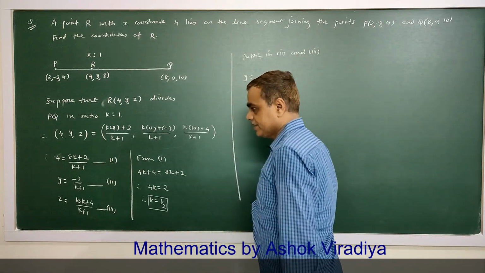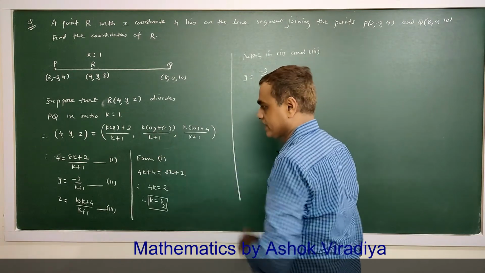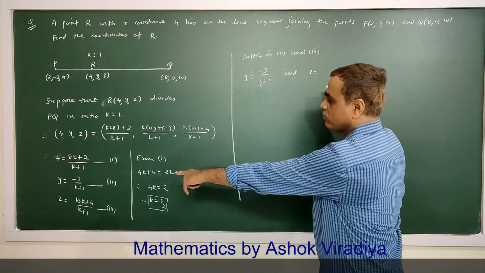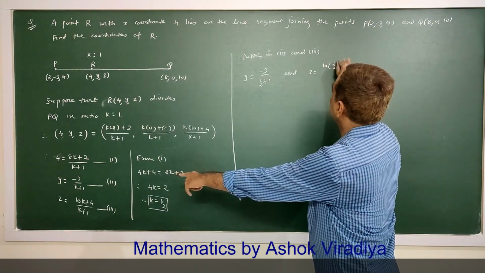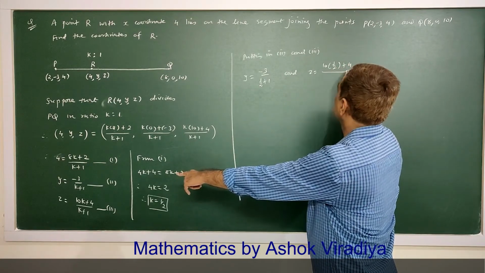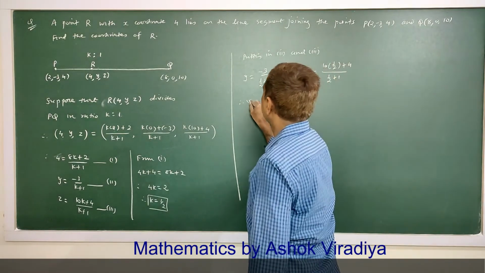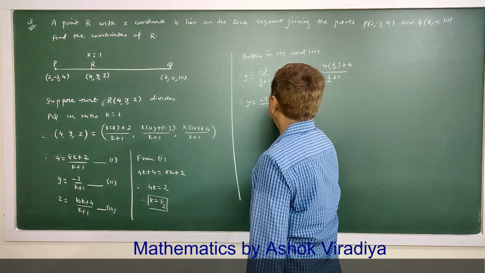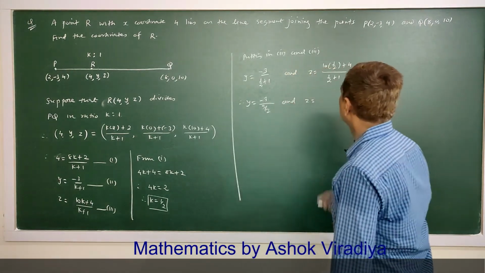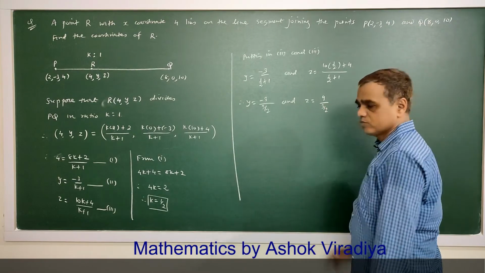Y coordinate is minus 3 upon 1 by 2 plus 1 and z coordinate equal to 10 into 1 by 2 plus 4 upon 1 by 2 plus 1. So y is equal to minus 3 upon 3 by 2. z is equal to 5 plus 4, 9 upon 3 by 2.